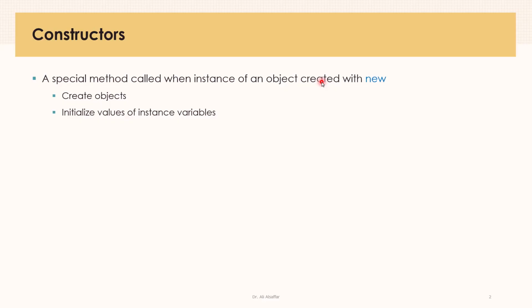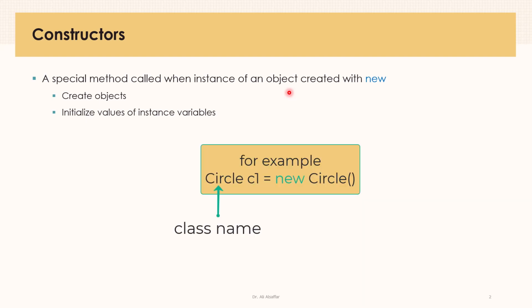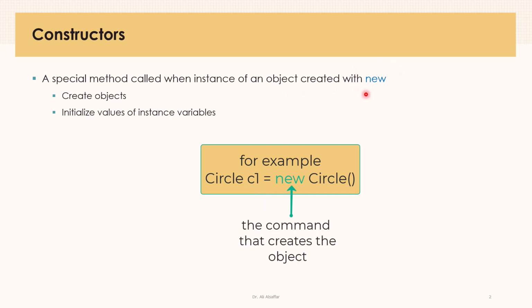A constructor is a special method that you define inside the class. Its purpose is to initialize the instance variables of the object. Remember that when you create an object in Java, you first write the name of the class, followed by a reference, which will be the variable of the object, followed by the equal sign, followed by the keyword new.